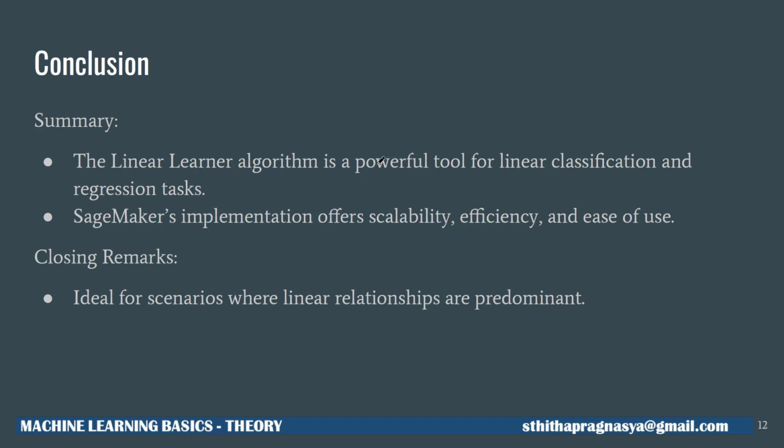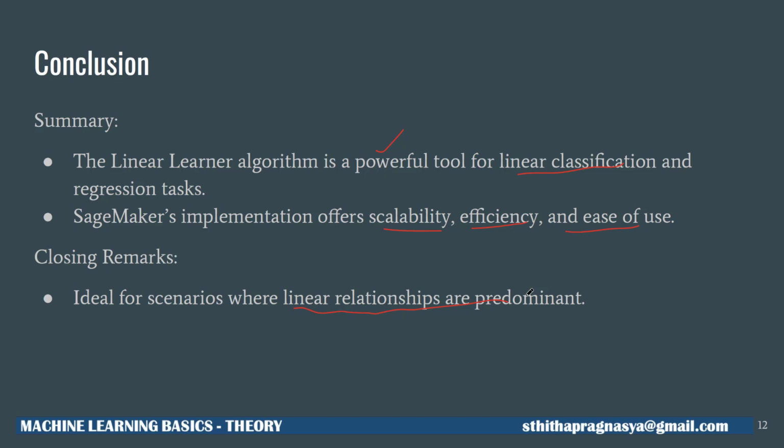By learning a linear relationship between the features and target variable, it can efficiently predict prices for new houses in this case, helping real estate companies. It is a powerful tool for linear classification and regressions, and it offers scalability, efficiency, and ease of use. It is ideal for scenarios where linear relationships are predominant.